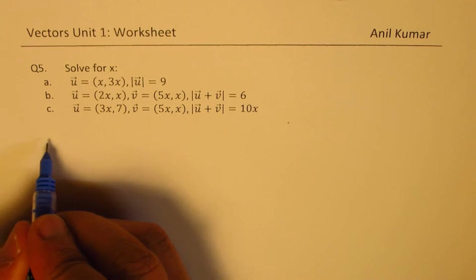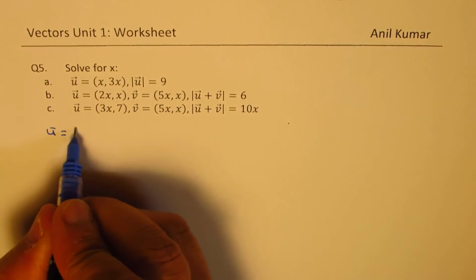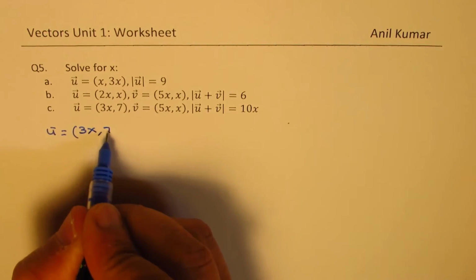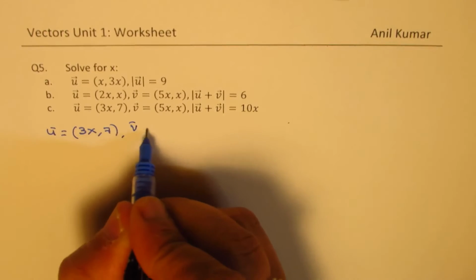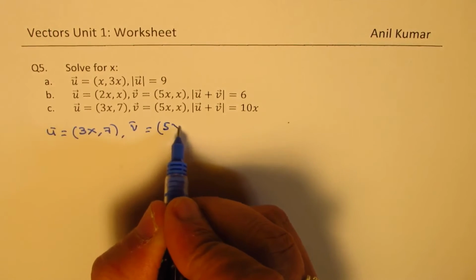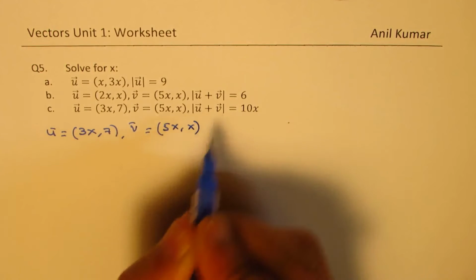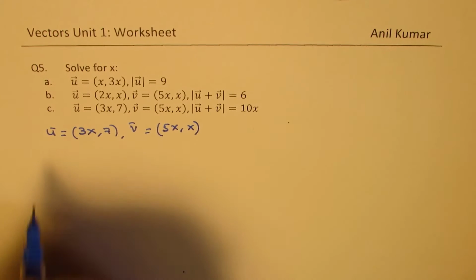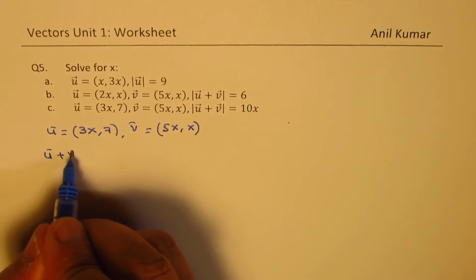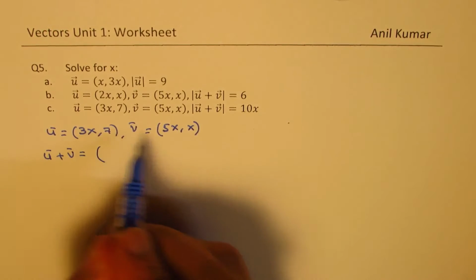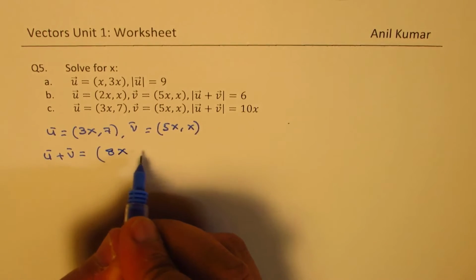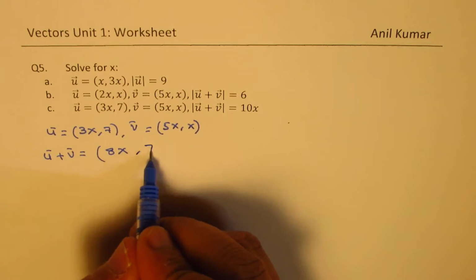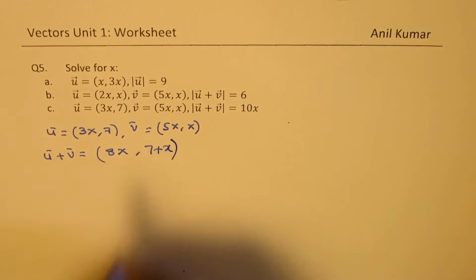We're given these two vectors. Vector u is (3x, 7). Vector v is (5x, x). Their sum, vector u plus vector v, is going to be, we'll add these components, 8x, and then we have 7 plus x, correct?